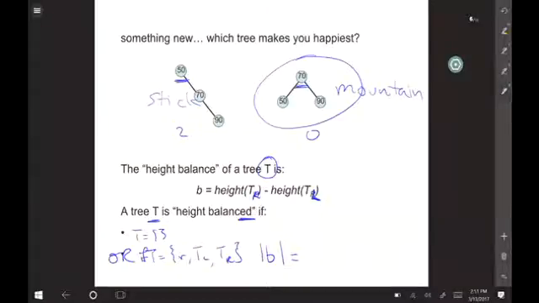But if it's 0, we're very constrained in the trees that we can build. In fact, perfect trees are the only ones that we can build. And so what we're going to do is allow a little bit of mush on the balance factor. And then we're going to add the constraint that the subtrees must also be height balanced. TL and TR are height balanced. Okay? All right, any question about that?